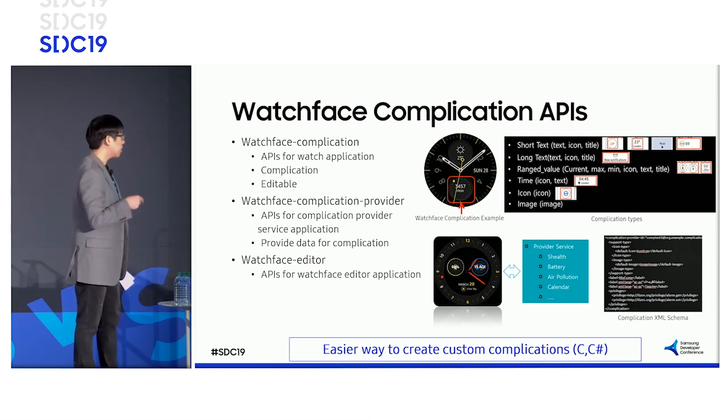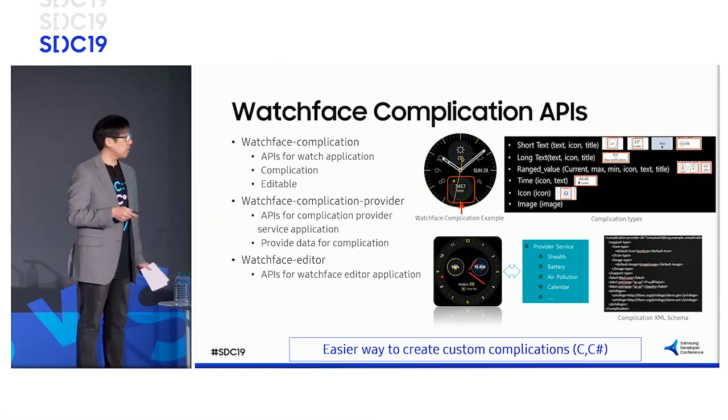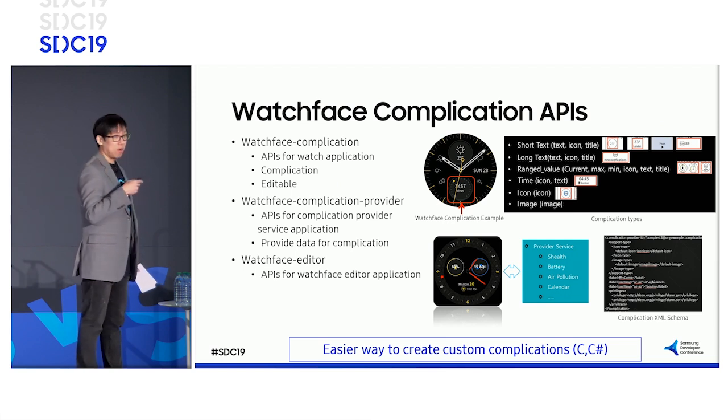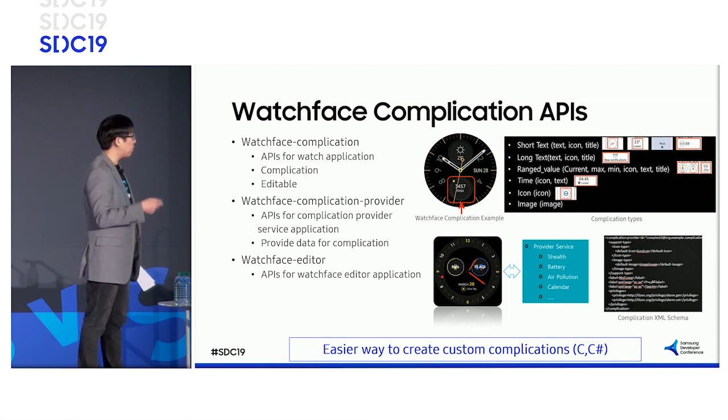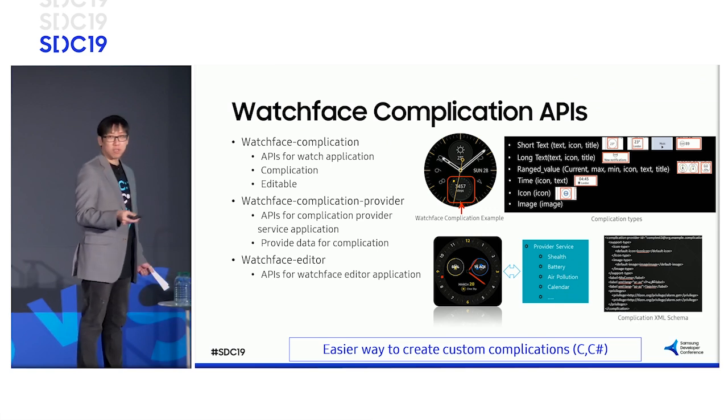So we added C and C# APIs for that. We defined watch face complication consumers and also providers, we defined a protocol, and we defined an XML file to make things easier for application developers.